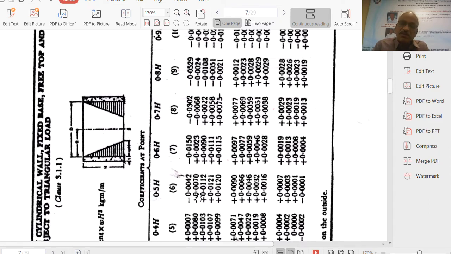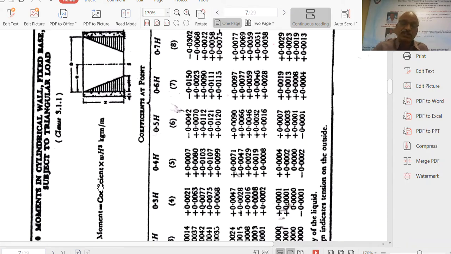The figure with all details H, D, T, the formula and the coefficients are given. Depending upon the case and the values of H square by D T, we take the coefficients.